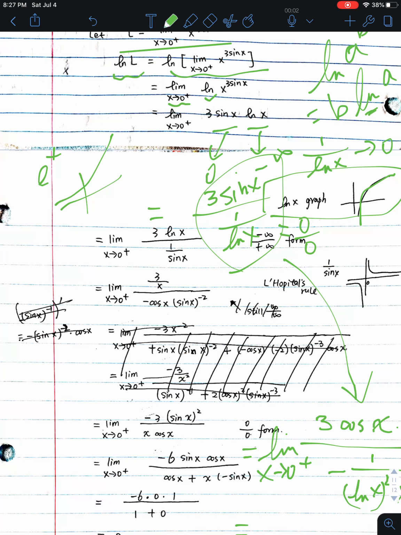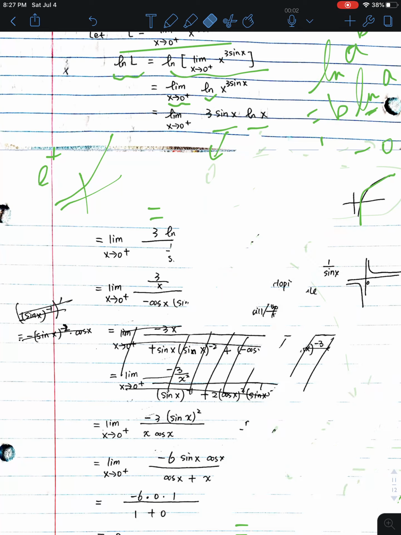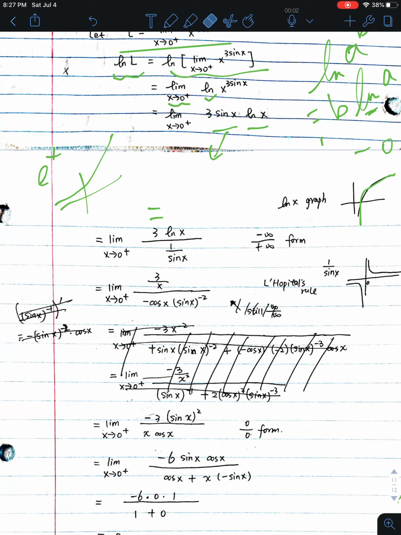Because of sine x, go back here. Sine x, when x goes to 0, becomes 0, and log x becomes negative infinity when x approaches 0 from the right side, as from the curve. Then we can divide by 1 over sine x in the numerator part.